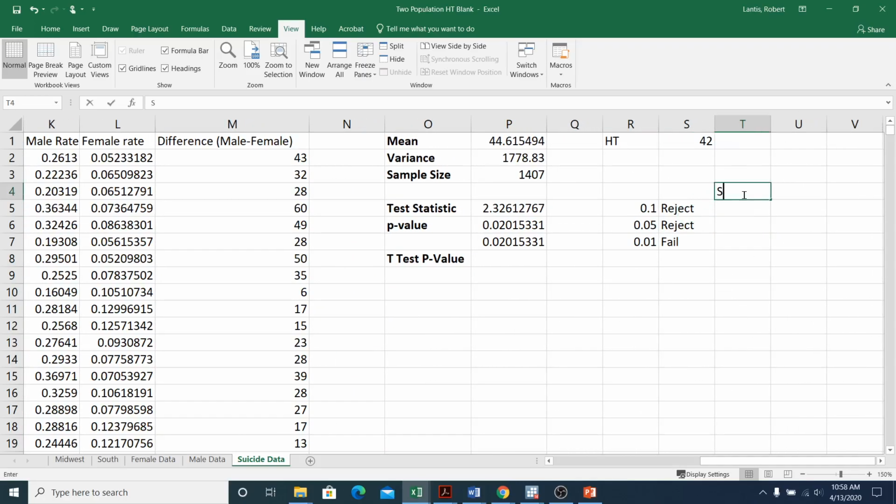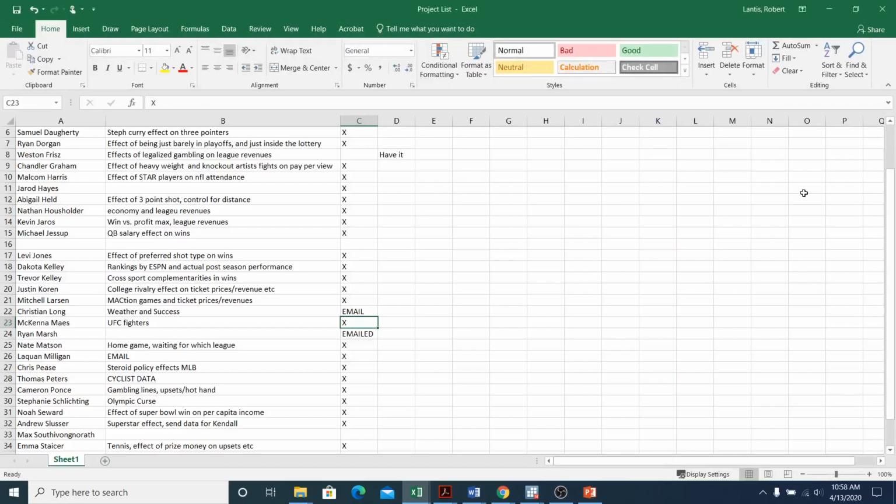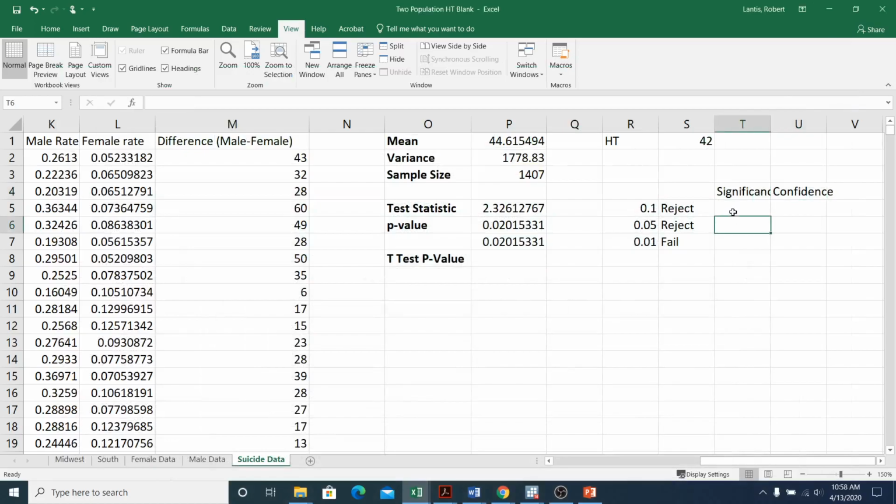Okay? And I'll put these in here so when I post this later, it can remind you of this. Here we go. So we've got the 10, 5, and 1% significance levels, which correspond to 90, 95, and 99% confidence levels.